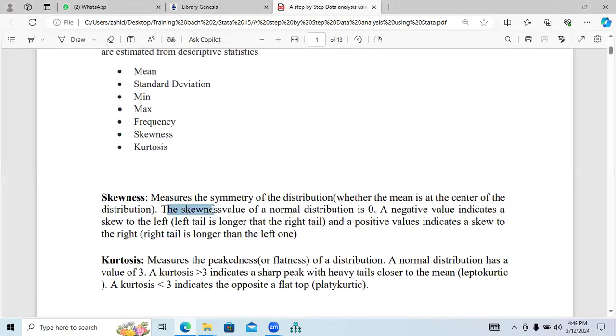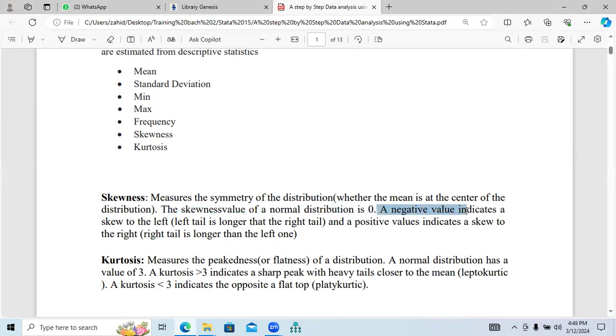The skewness value of a normal distribution is always zero. So whenever your skewness value is zero or close to zero, it means your data is basically normally distributed. If it is not zero, but it is close to zero, still your data is basically normally distributed.